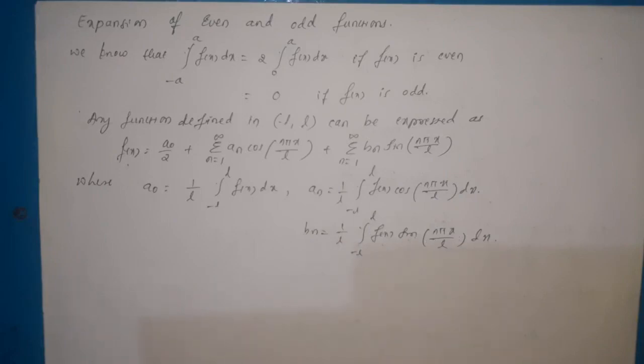So this is the Fourier series for the function which is defined in the interval minus L to L.